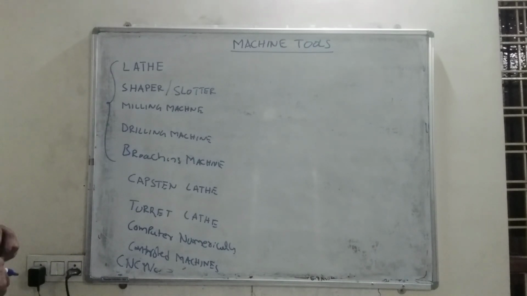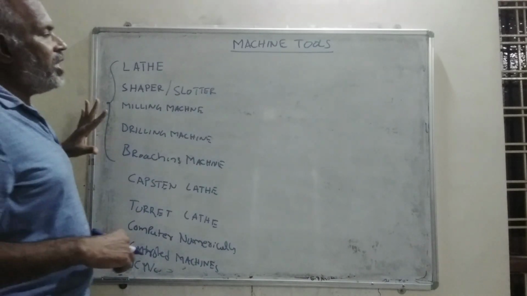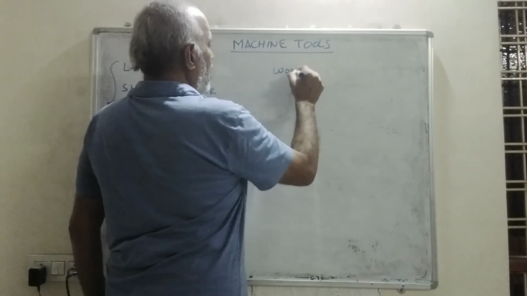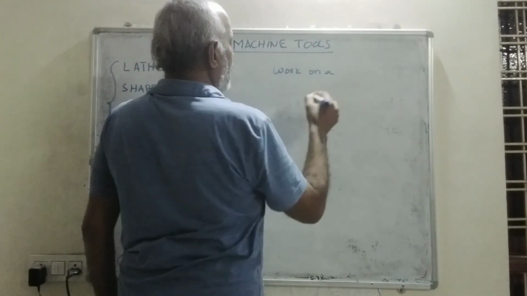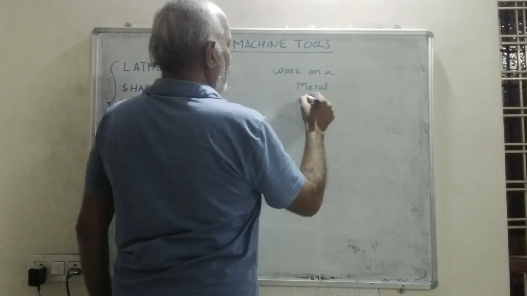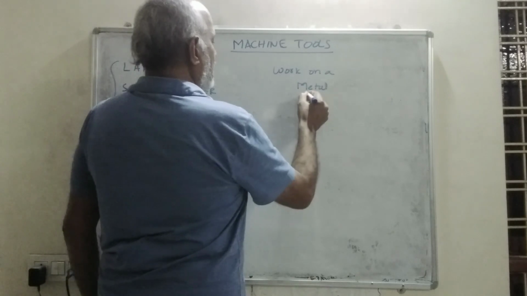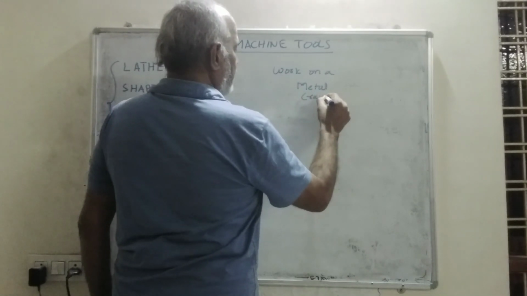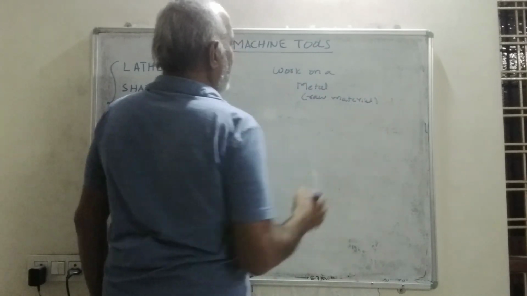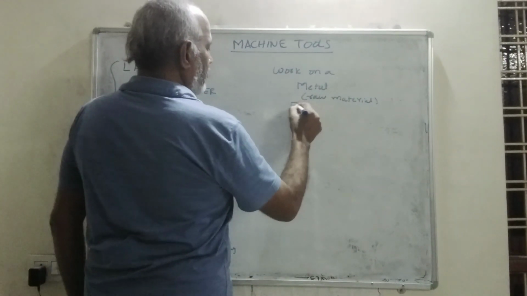Now, the main objective of these machine tools is to work on a metal, which is in the form of raw metal, raw material, and ends with a finished product.